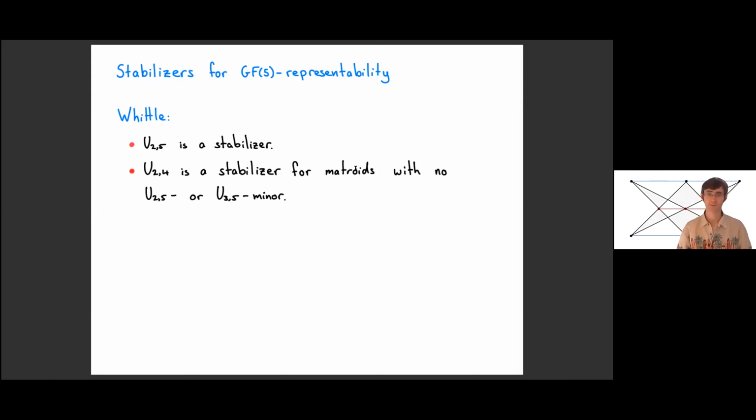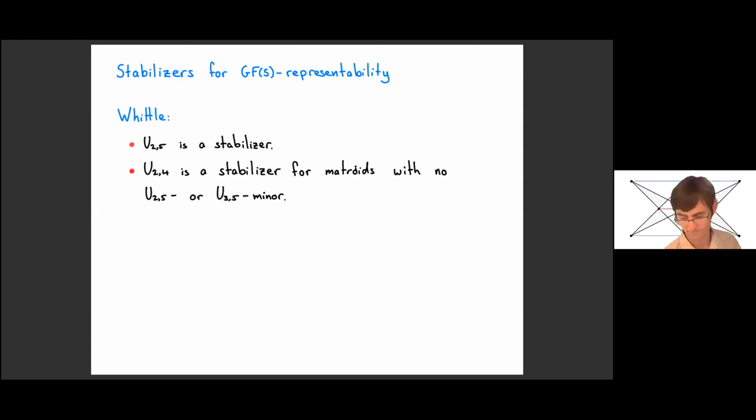But at least for GF5, we still have a theory of stabilizers. So the 5-point line is a stabilizer for the class of GF5-representable matroids. And if you don't have the 5-point line or its dual as a minor, then U24 is a stabilizer. So that's nice. For all the cases we care about, we have a nice theory of stabilizers there.